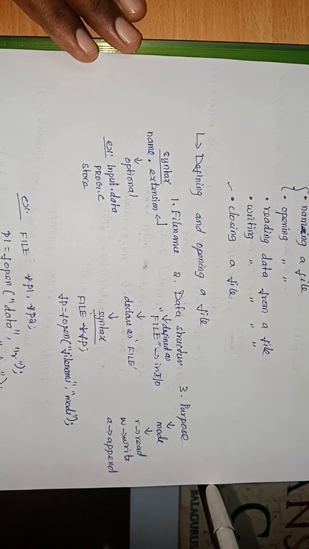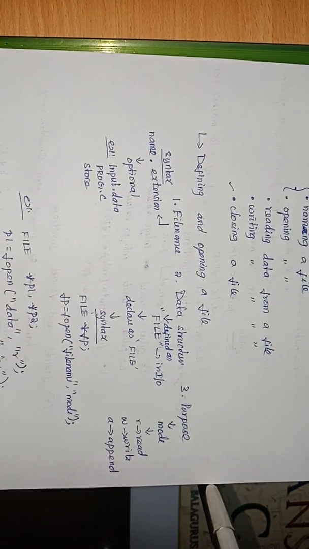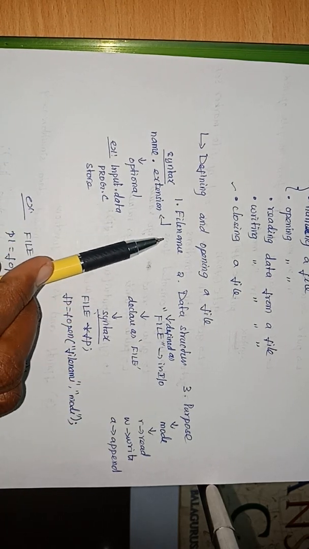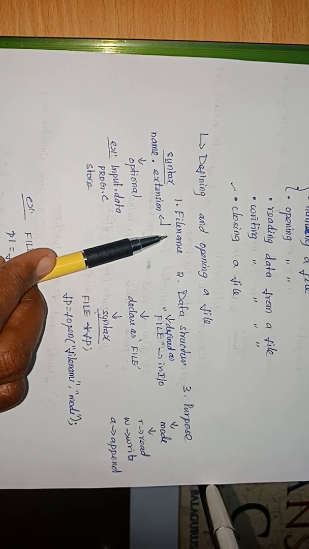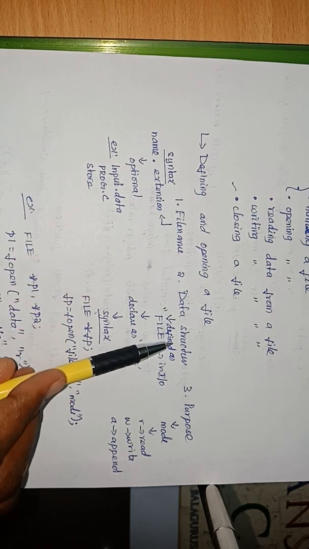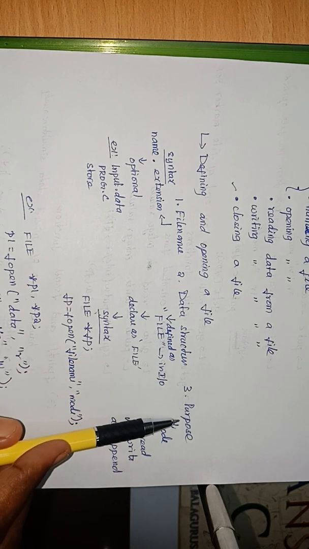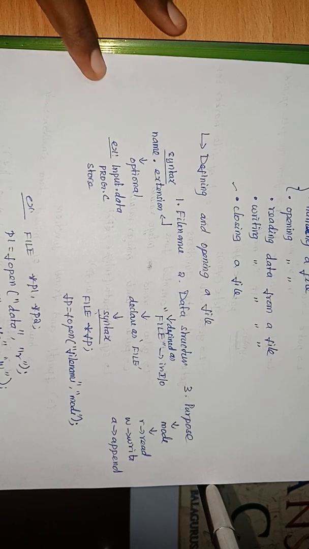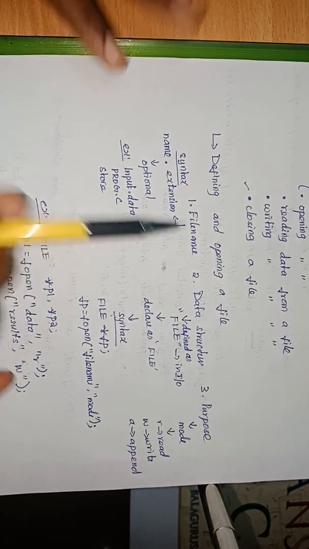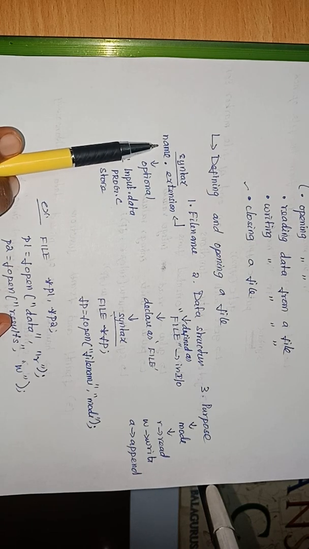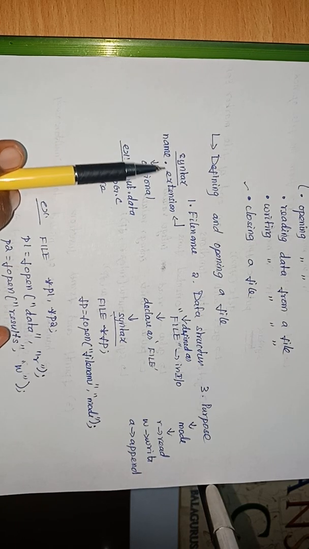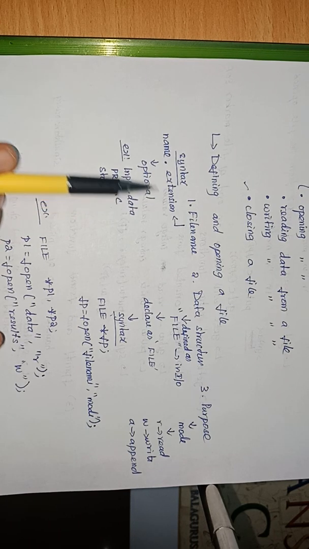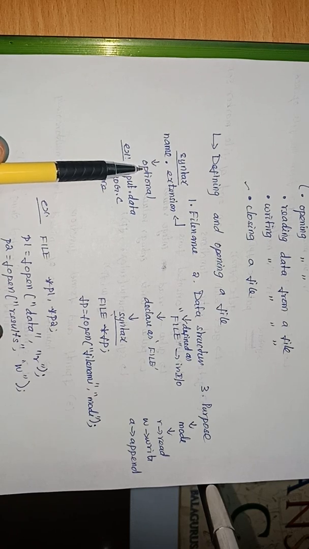Now, how to define and open a file. I am categorizing this into three. First, naming a file, then how to declare a file, and the purpose of the file. We are going to mention the purpose of the file. How to create a file: name of the file, dot, the extension, whatever we want to give. This dot is optional.